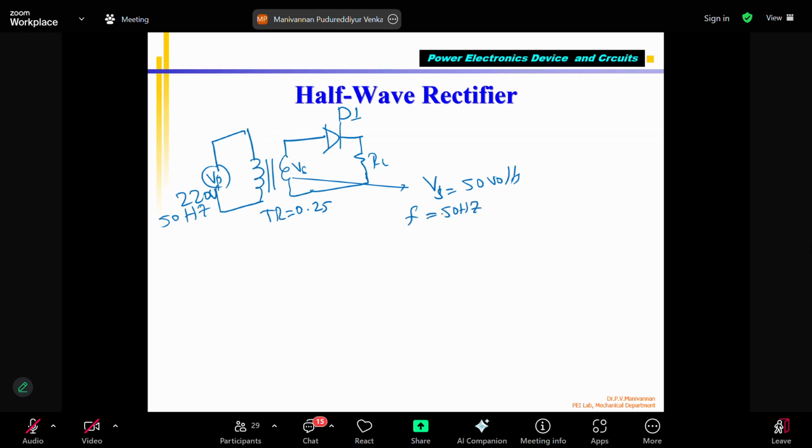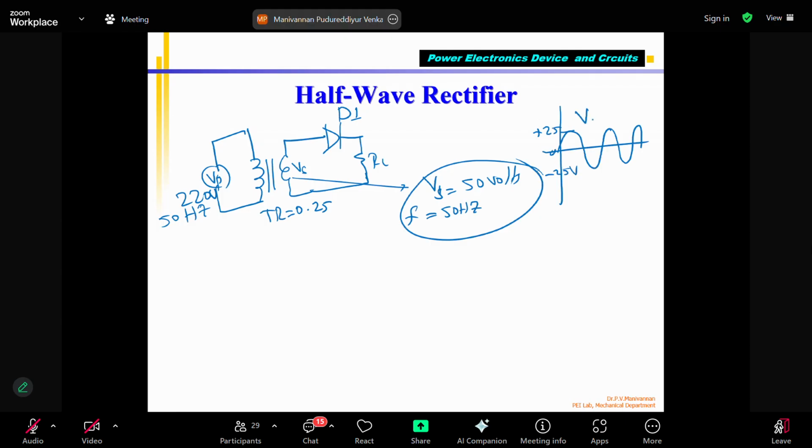Now, what will be the DC voltage coming out? We know that when we want to write the voltage, correct? I said this is 25 volt AC, correct? That means it is varying sinusoidally 50 times per second. The maximum is plus 25 volts and minus 25 volts, and it is varying from 0 sinusoidally.